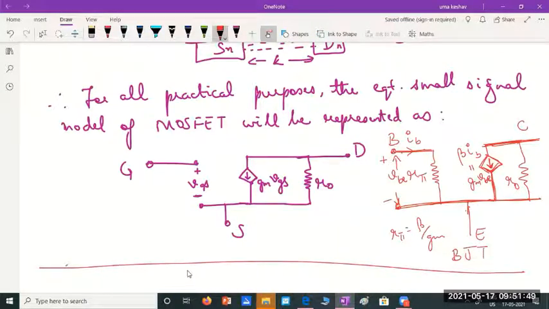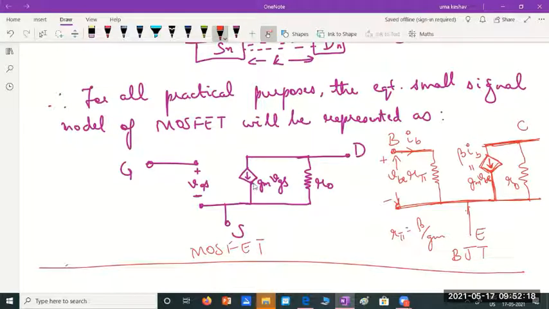So please compare the two, MOSFET and BJT. What are the changes you notice? We derived that in a BJT, we will have a small input resistance R pi. We always have an input resistance R pi between the input terminals, but in a MOSFET, you don't have any input resistance. And the output side of BJT and MOSFET almost look similar.